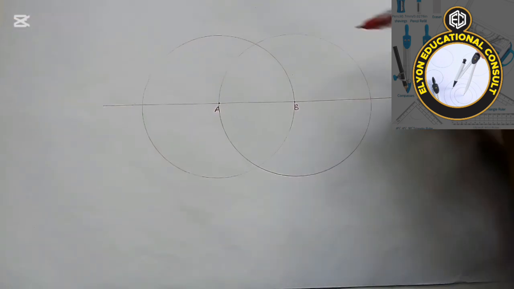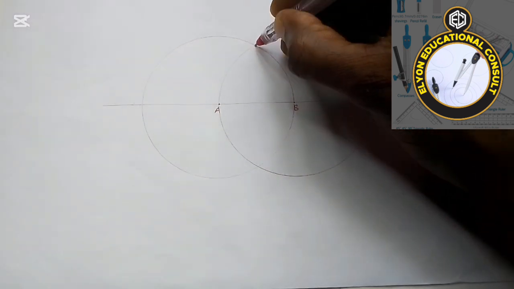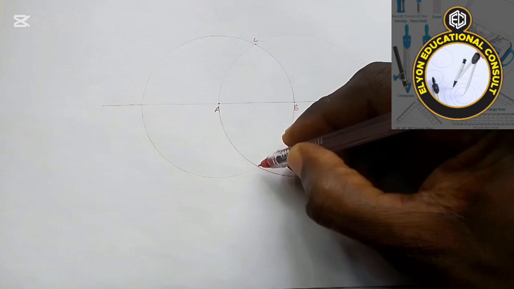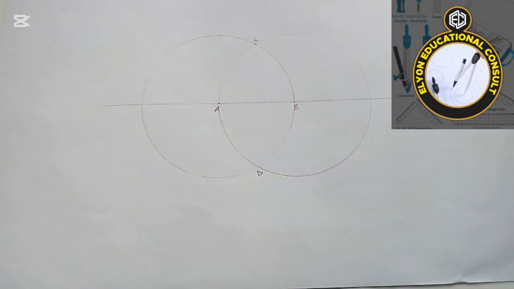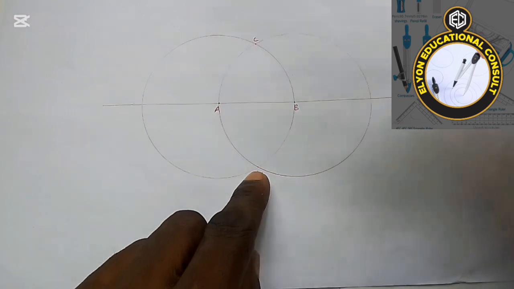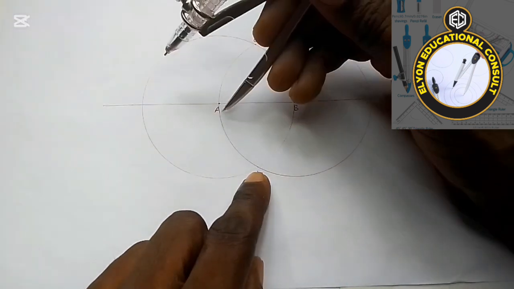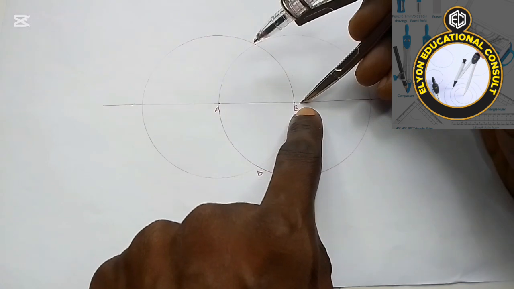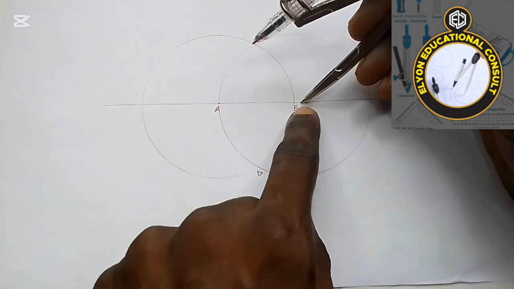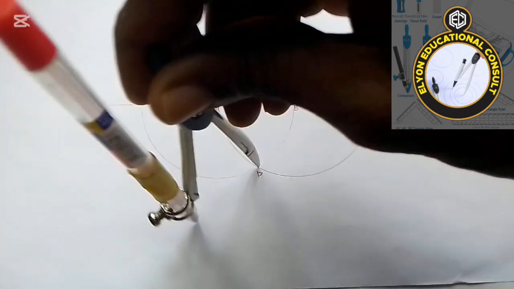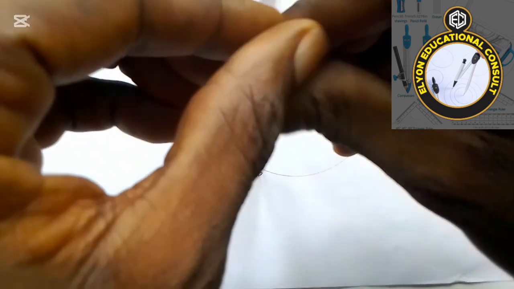I will call the point where the 2 circles intersect, point C. Now I'll call this point D. Using this point D now with the same compass length I used in drawing this, that is of AB, which is 40 millimeters, I'll place it at D and draw a third circle this way.